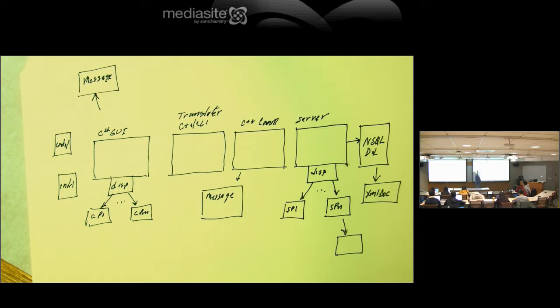Haven't touched the GUI, haven't touched the translator, haven't touched COM, haven't touched the server, haven't touched the NoSQL database. Now, it's possible that I have had to touch the GUI, but the way that the GUI was designed with a tab for each activity and a control, the only thing in that tab is a control.